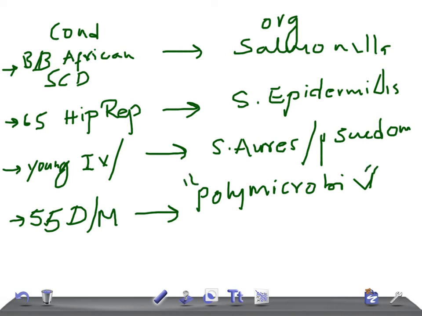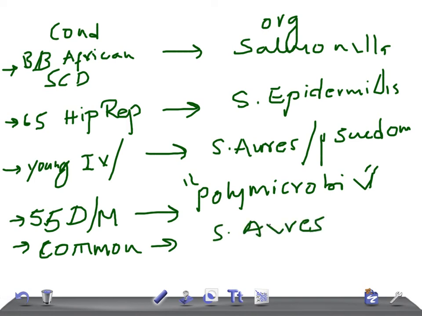Now let's talk about most of the people who don't have any clinical conditions. Which is the most common organism in common people? It's Staphylococcus aureus. Very important.